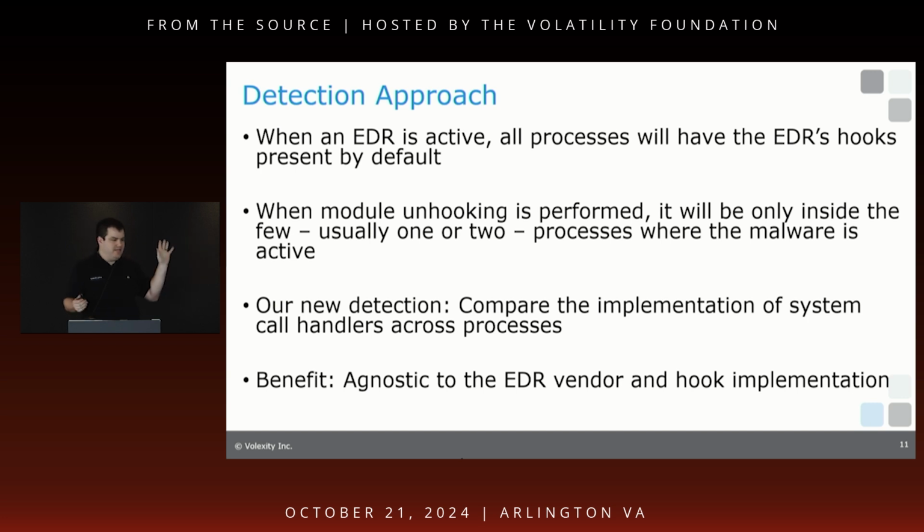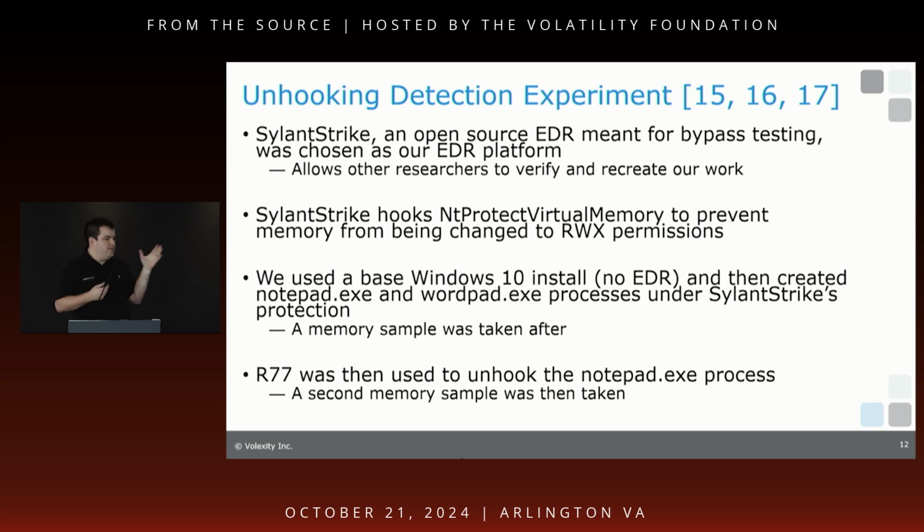So let's say we have 100 processes, and malware unhooks 1. We have 99 that are still hooked by the EDR, and 1 that's been unhooked. So we wrote a plugin that compares them. We compare the implementation across all the processes, and we can say, hey, this one strange process has its own implementation where the 99 other ones have the same.